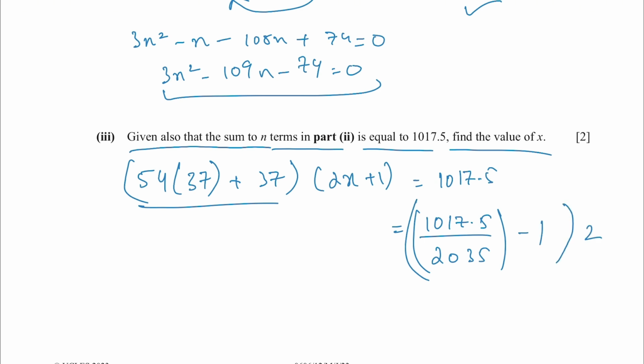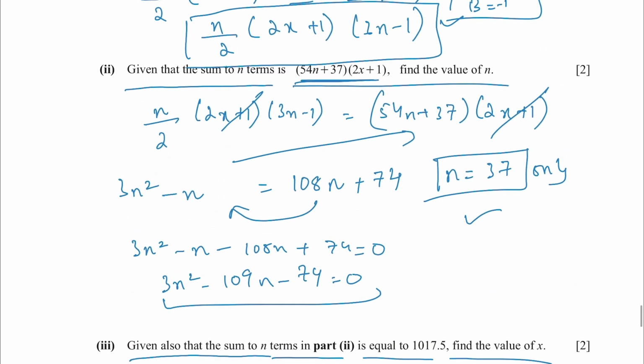So this is basically 1017.5 divided by 2035. This would be subtracted by 1 and multiplied by 2. I guess, did I make some mistake over here?